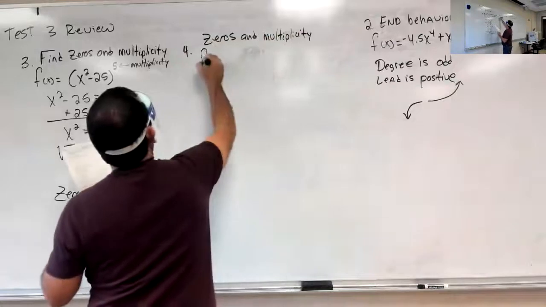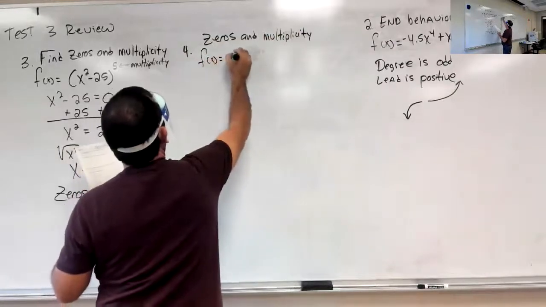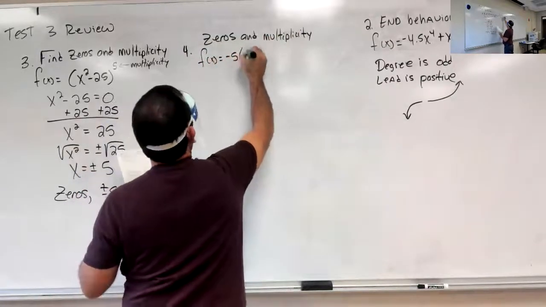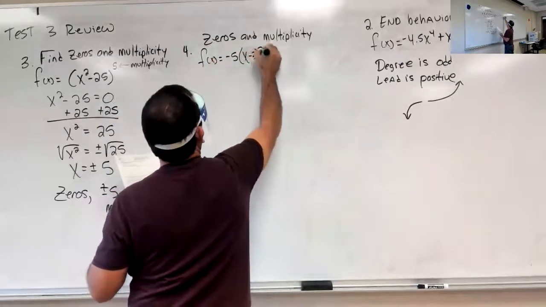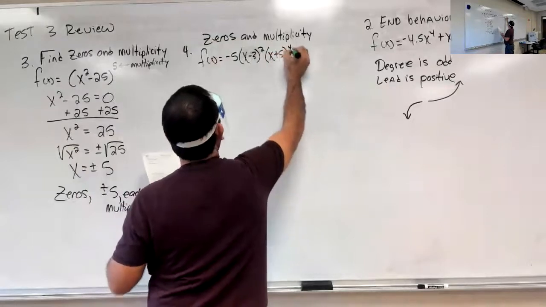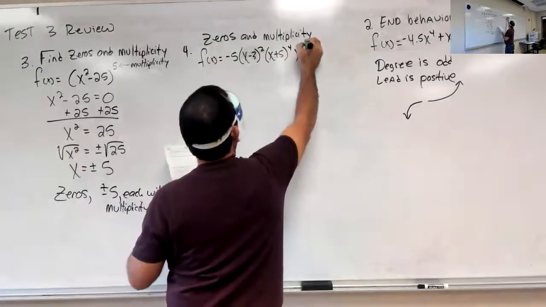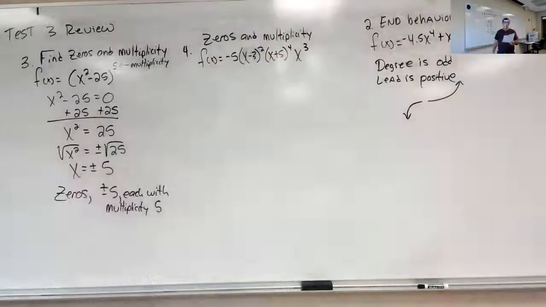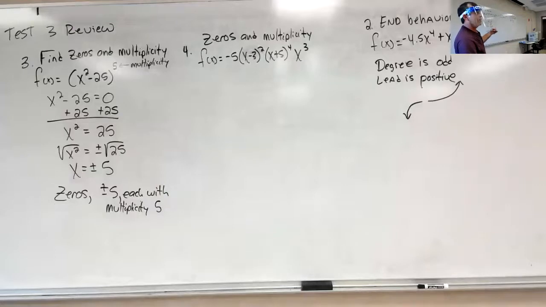All right, now I got f of x is going to equal negative 5 times x minus 3 squared, x plus 5 to the 4th, and then an x to the 3rd. So if you notice that, I have 4 factors sitting there. I got that negative 5, then the 2 parentheses, and then that x to the 3rd at the end.